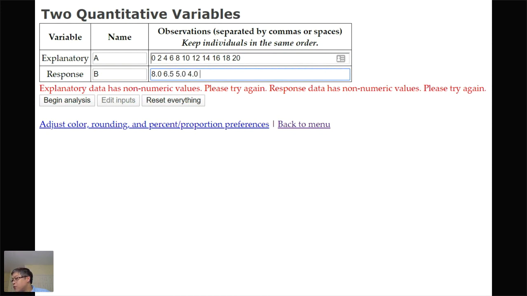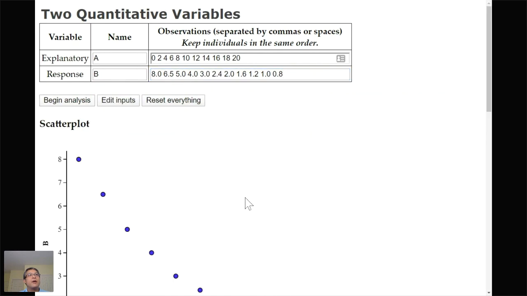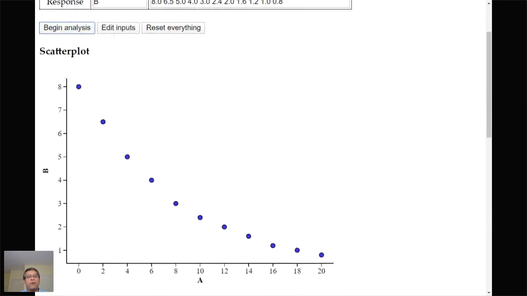You can see just by what I'm doing here that these data have a negative relationship. The larger the explanatory variable, the smaller the response variable. Okay. So you can see this lovely scatter plot here, hopefully.